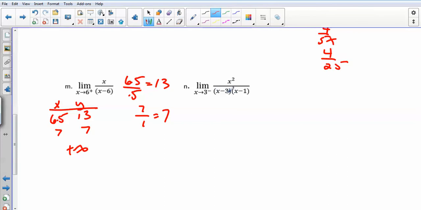If I just plugged 3 in, I would get a 0 in my denominator, which is trouble. So approaching 3 from the left, I'll choose a number like 2. If I plug in 2, I get 2 squared, which is 4, and 2 minus 3 is negative 1, and 2 minus 1 is positive 1, so I get negative 4, which looks like it's going to negative infinity. You can try other values as well to verify this, but this answer is negative infinity.